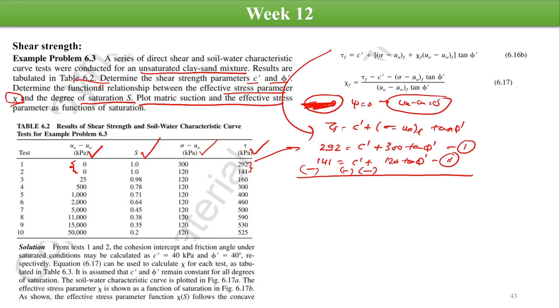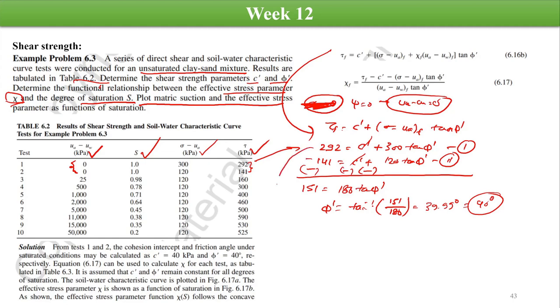We will get 292 minus 141, that is 151, is equal to 180 tan phi dash, as c dash will cancel out. From here we get phi dash as tan inverse of 151 upon 180. That's going to be 39.99 degrees, which we can say is 40 degrees.